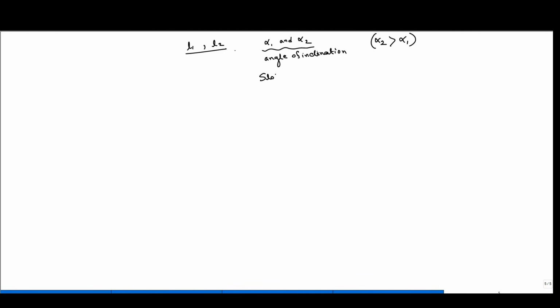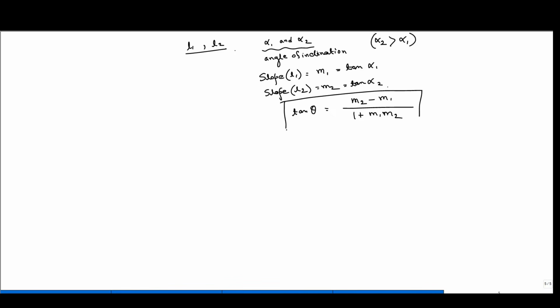So the slope of L1 is m1, which is tan of alpha 1, and the slope of L2 is m2, which is nothing but tan of alpha 2. And if they are making an angle theta with each other where they are intersecting, we will get tan theta equal to m2 minus m1 by 1 plus m1 m2. That we have already shown.